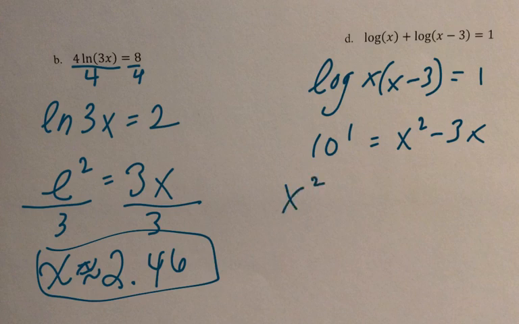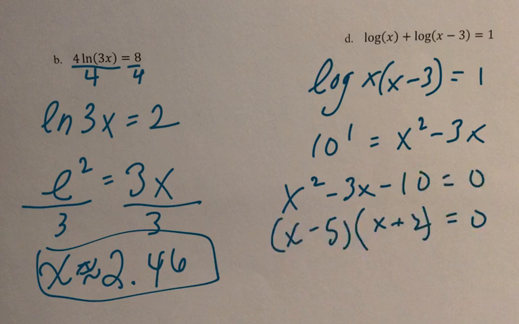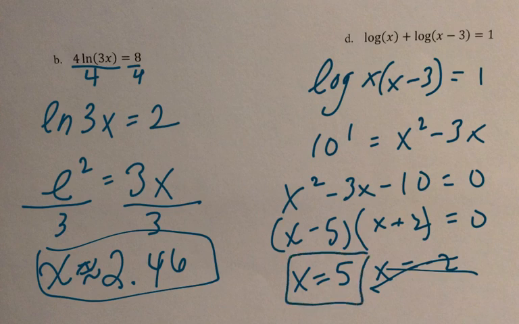So I end up getting x squared minus 3x minus 10 equals 0. That factors to x minus 5 times x plus 2. Therefore, my values of x are going to be positive 5 and negative 2. But I want to make sure I don't end up with any negative values. Negative 2 would give me taking logs of negative values, so that one will not work. My solution is x equals 5.